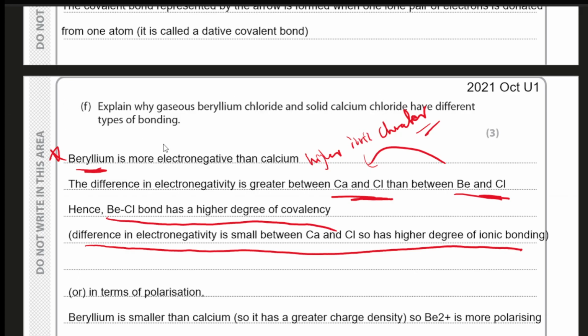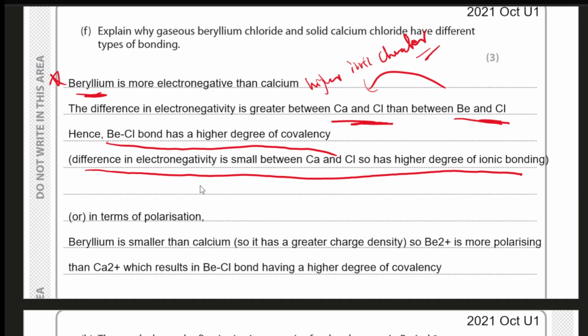You can also talk about it in terms of polarization. For instance, beryllium is smaller than calcium, so it will have a greater charge density, and a greater charge density gives the cation a higher polarizing power compared to Ca2+, which has a lower charge density and therefore a lower polarizing power.